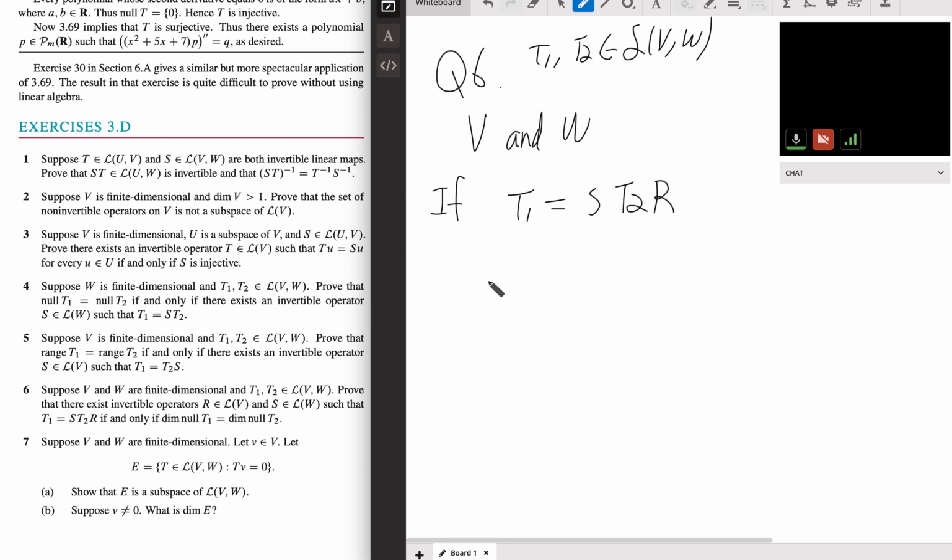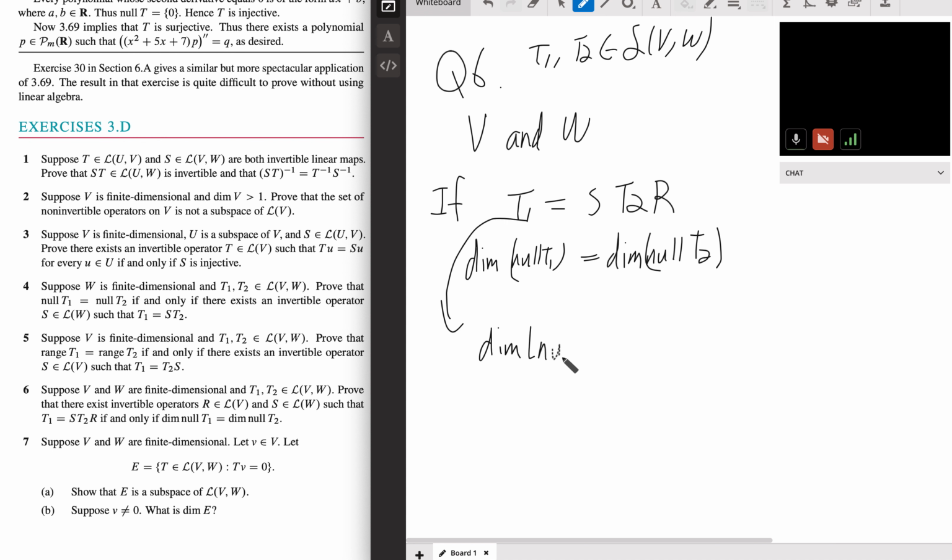If T1 is equal to S T2 R, then we'll say that the dimensions of their null spaces are the same. So first we notice one thing, that these two must have the same null spaces. Then you just have to figure out how to transform this into that somehow.